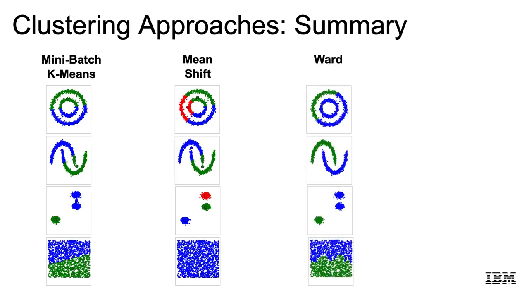Next we have Ward, and what we mean here by Ward is the agglomerative hierarchical clustering with Ward as the linkage type between our clusters. Recall that Ward linkage specifies distance between clusters as the new combined inertia of those clusters. And since we are linking closest clusters when we work with hierarchical clustering, we have a bit more flexibility in combining clusters of different shapes.